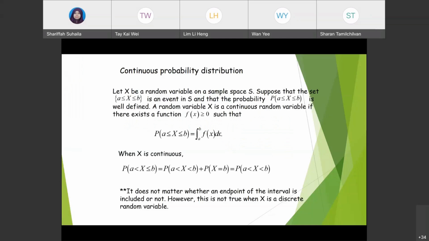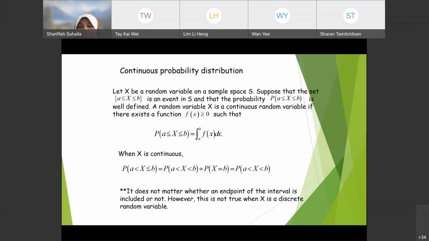The next topic should be on continuous random variable. Again, you have your X random variable on a sample space S. For a continuous random variable, we call the probability function the probability density function.